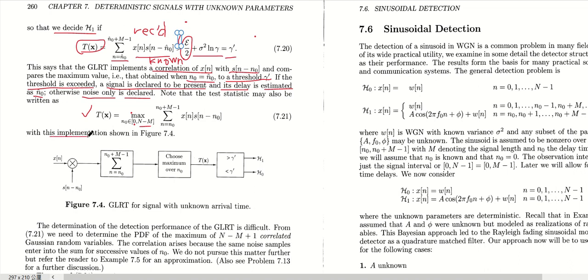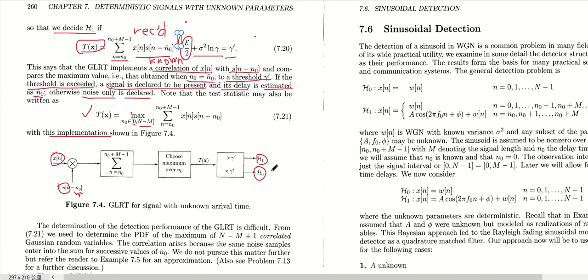Okay, so this implementation is shown. You receive this, and this, remember, is known, and you are adjusting n0. For each time instant, for example 0, 1, 2, 3, you do this and choose the maximum, compare, and give the outcome H0 or H1.